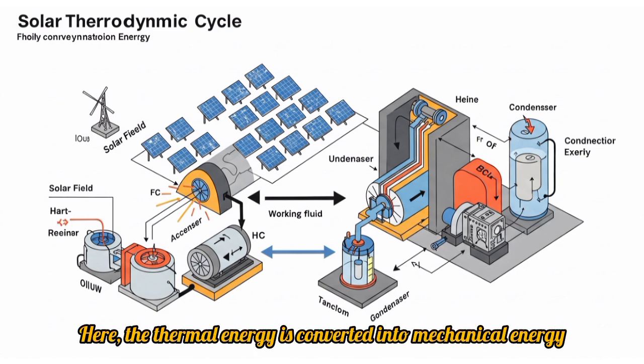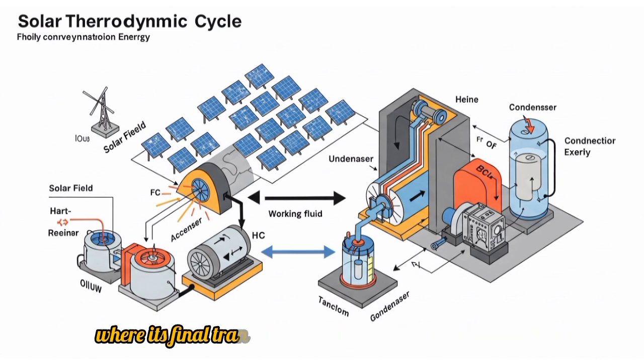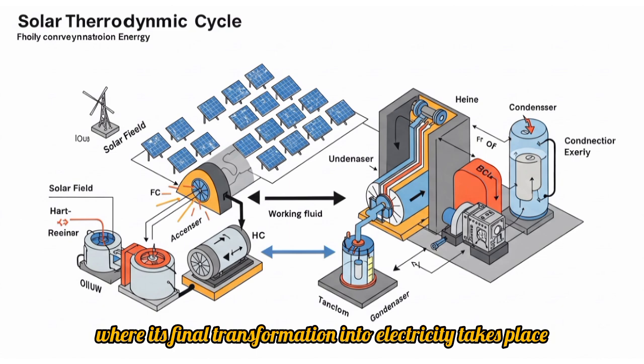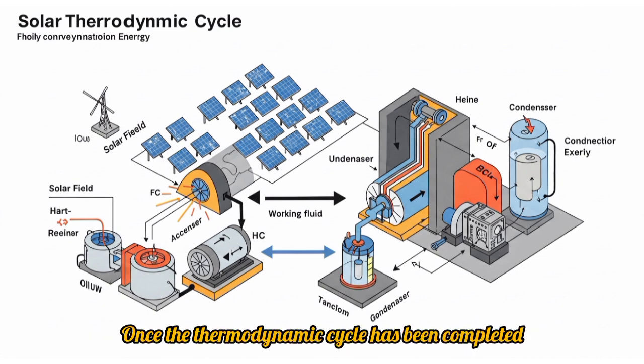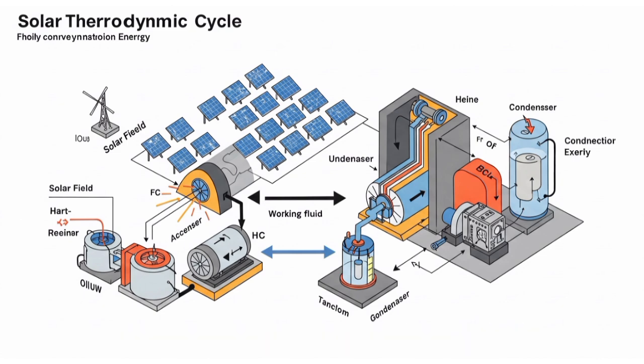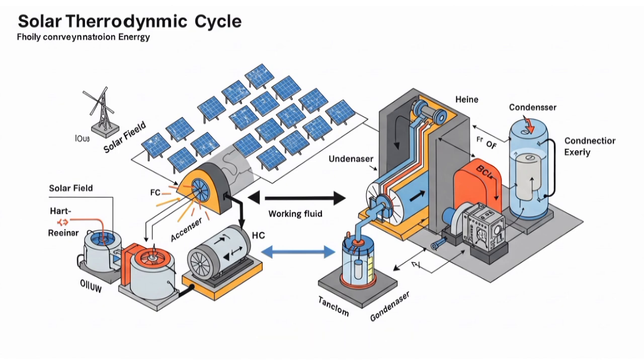Here, the thermal energy is converted into mechanical energy, which is transmitted to an alternator where its final transformation into electricity takes place. Once the thermodynamic cycle has been completed, the steam is returned to a condenser where it recovers its liquid state and the process is repeated again.